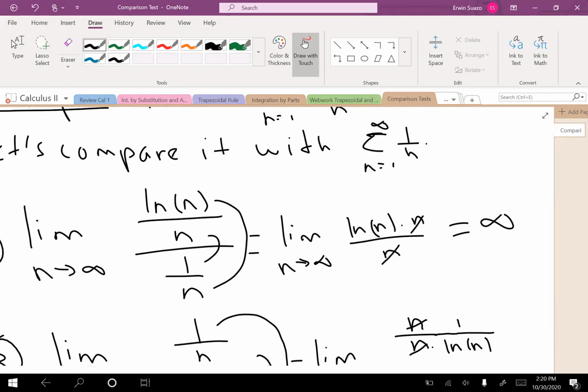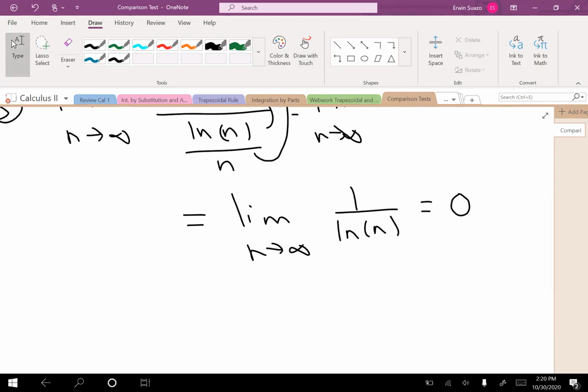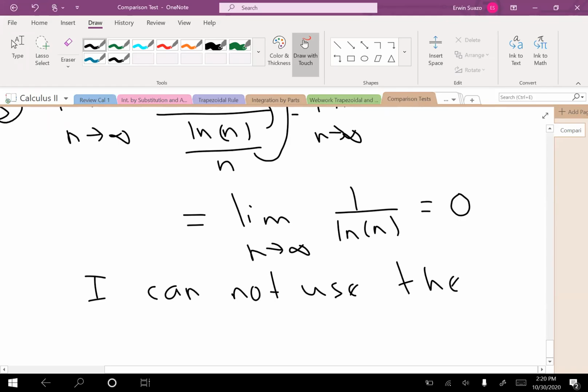It is basically not telling me anything. I cannot use the limit comparison test.